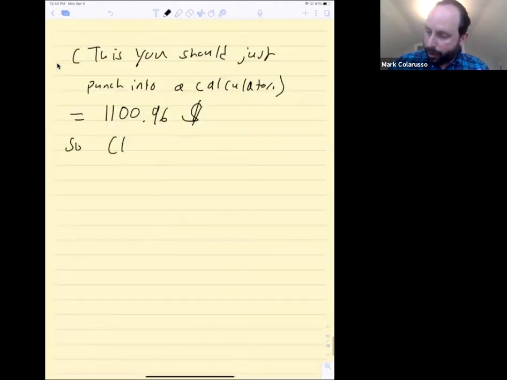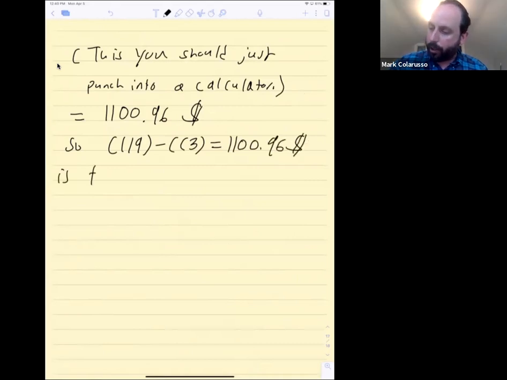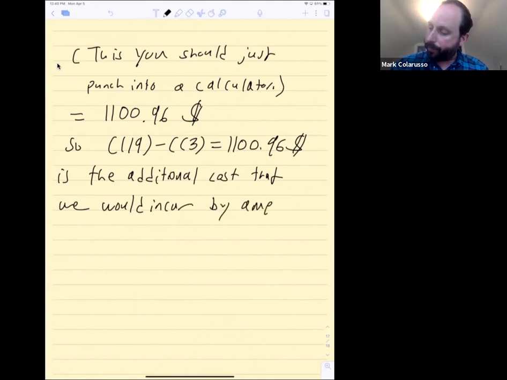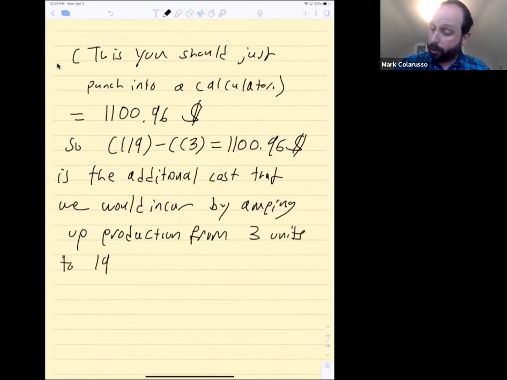C of 19 minus C of 3 is $1,109.96, the additional cost that we would incur by amping up production from 3 units to 19 units. So that's another case where the definite integral can be extremely useful for us.